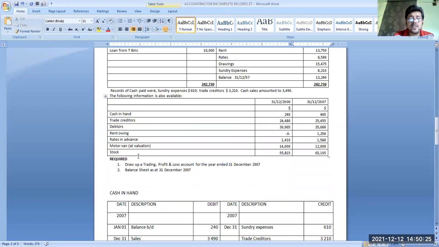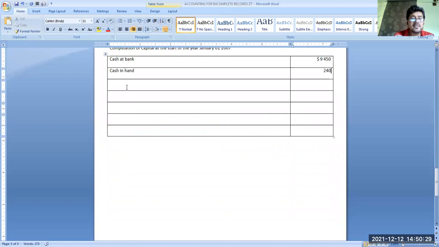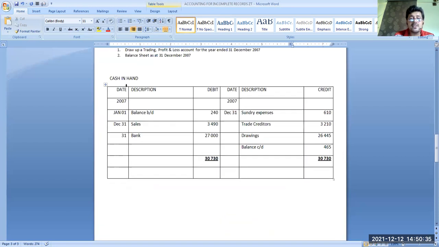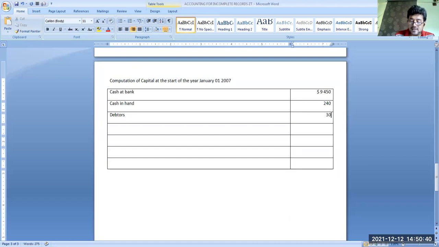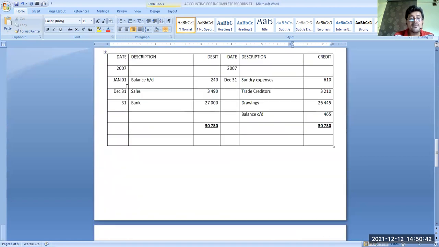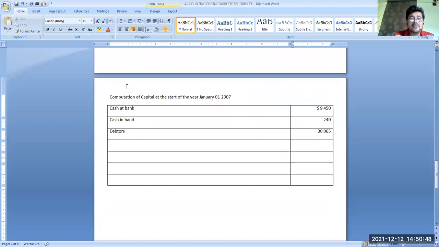Then debtors, 30,065. Then rates in advance, 1,410.